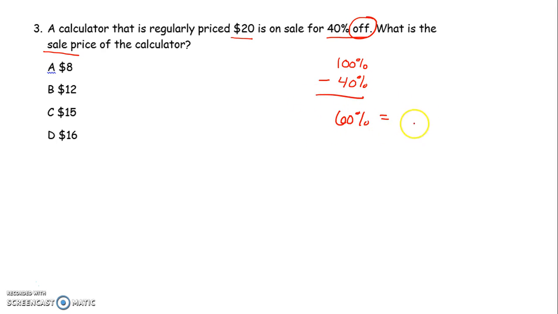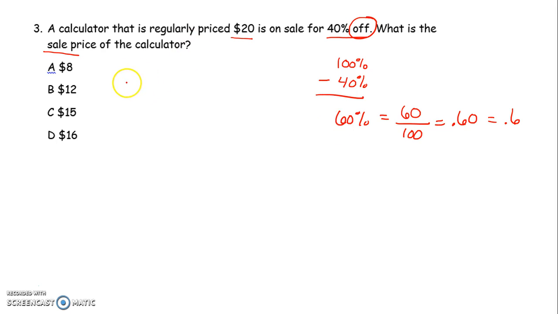What's 60% as a fraction or decimal? Well, a percent is always out of 100. So that's 60 out of 100, or 60 hundredths. 60 hundredths is the same as 6 tenths, so I can rewrite it like that, just to make my life easier. But I'm still paying 60%.